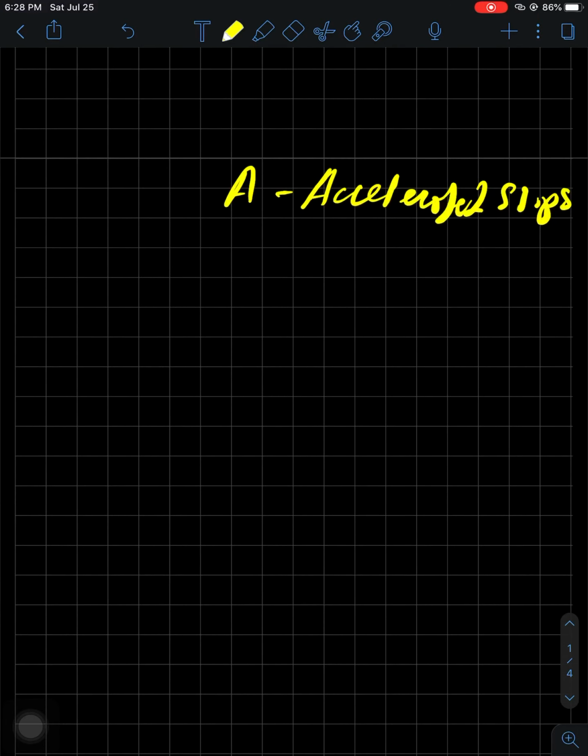Coming down to accelerated slipstream. As we said, P factor causes more thrust to be produced on the right side of the propeller.